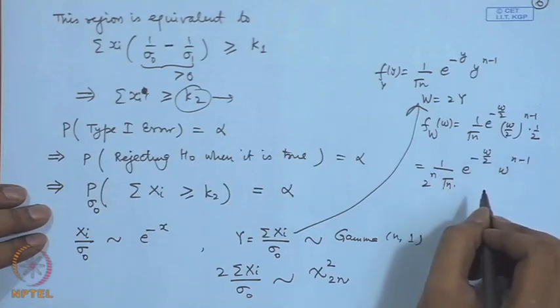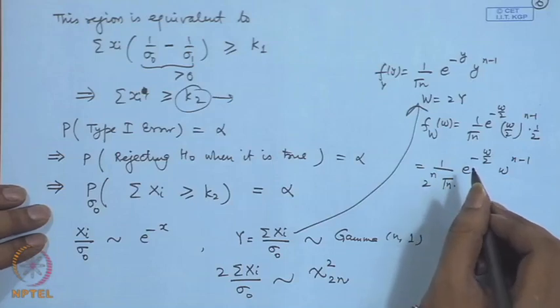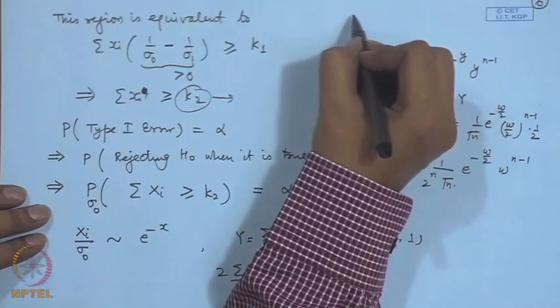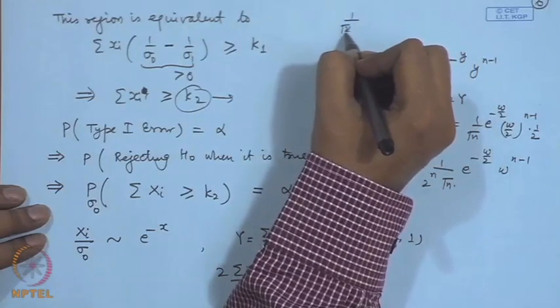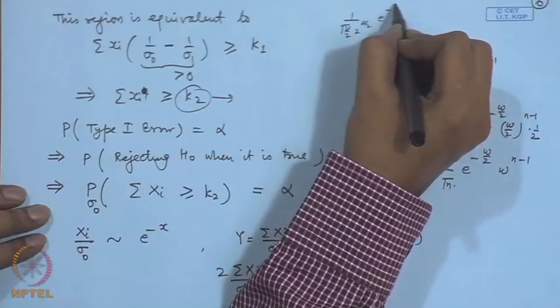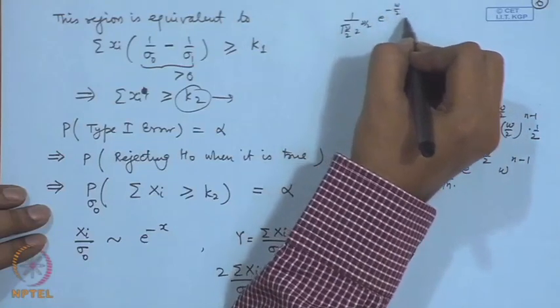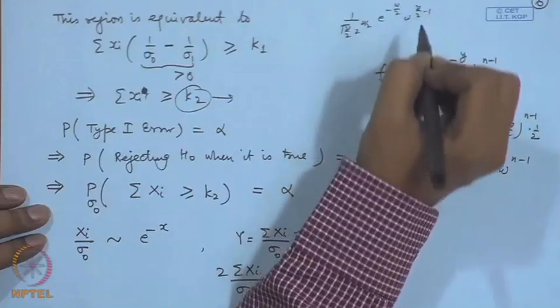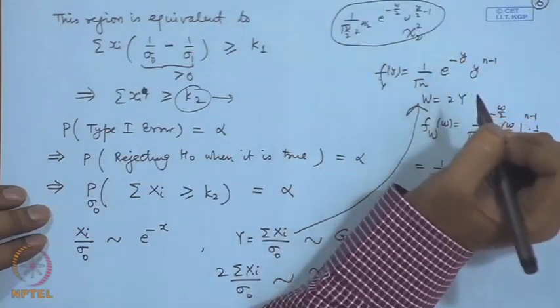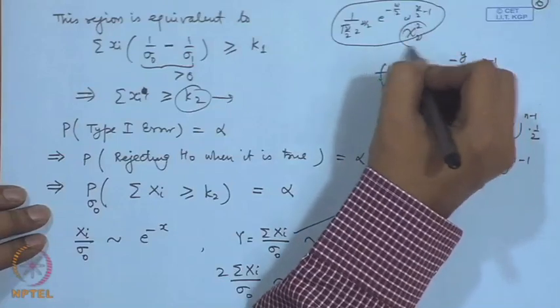So, if we consider the form of a chi-square distribution, the chi-square distribution on nu degrees of freedom is given by 1 by gamma(nu by 2) 2 to the power nu by 2, e to the power minus w by 2, w to the power nu by 2 minus 1. This is the form of a chi-square distribution on nu degrees of freedom.